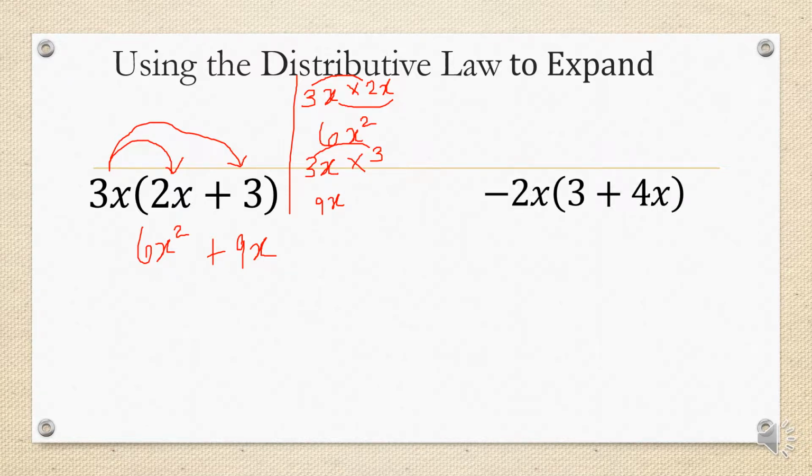I have minus 2x multiplied by 3 plus 4x. How do I expand this? I use the term outside and I multiply it by each term on the inside. Again, for those who can't work it out immediately, you can work it at the side. So we have minus 2x multiply by 3.